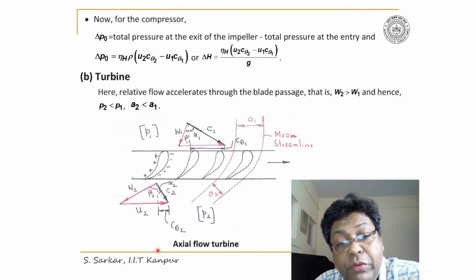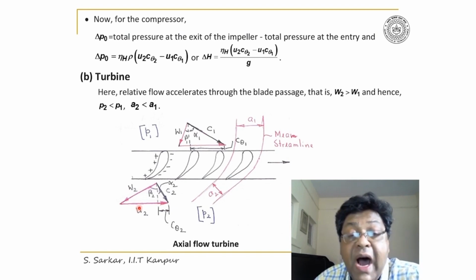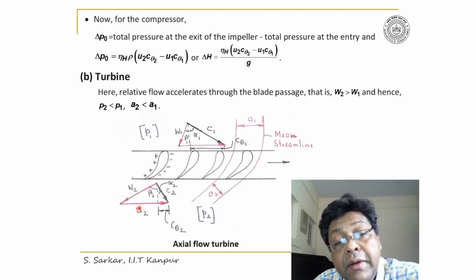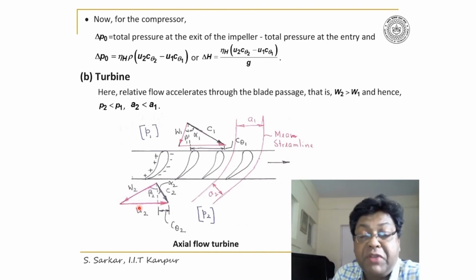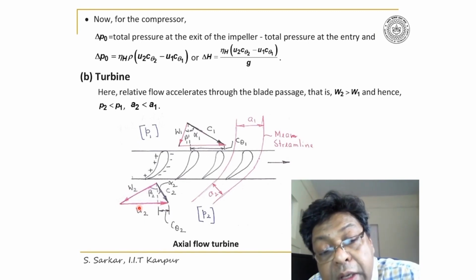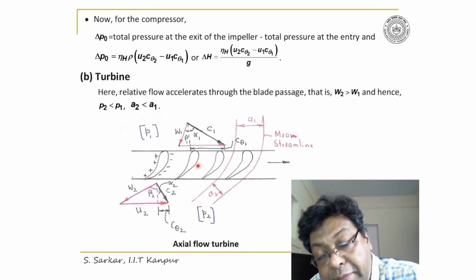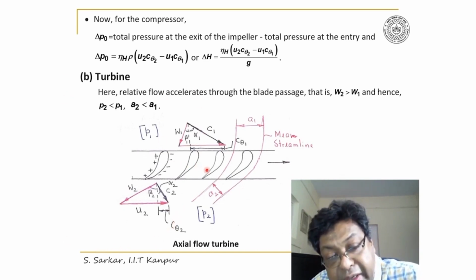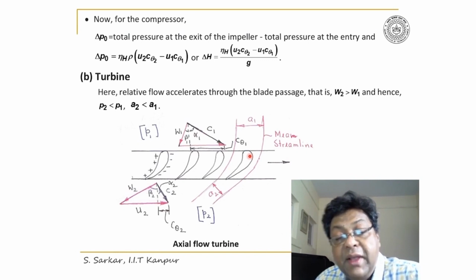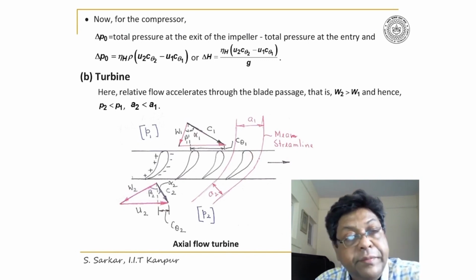Not only is W2 greater than W1 because the flow will accelerate, but beta 2 will be higher than beta 1 because of turning of the flow. And alpha 2 will be less than alpha 1. So please note the different features appearing here because of the turbine.